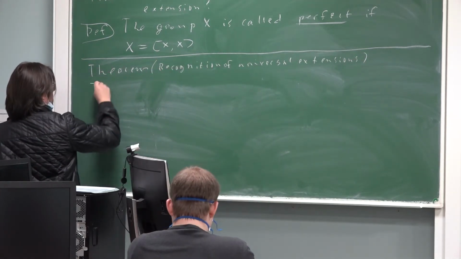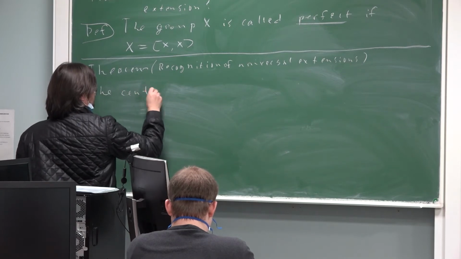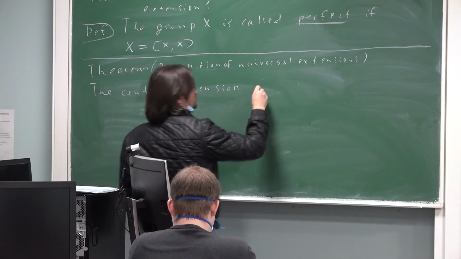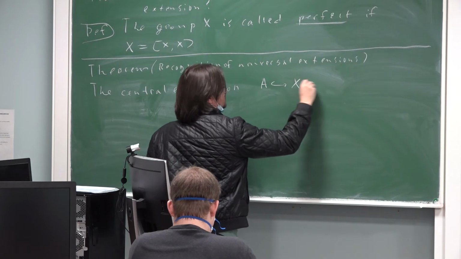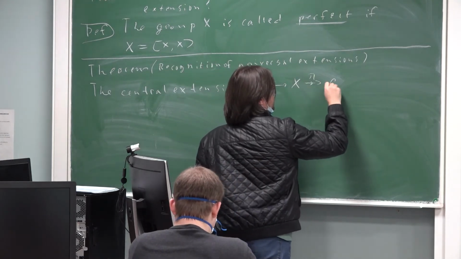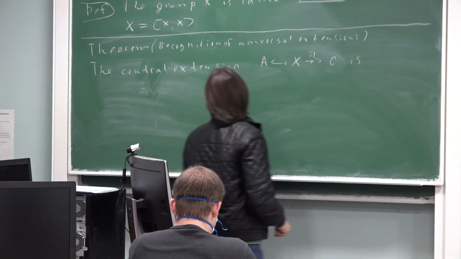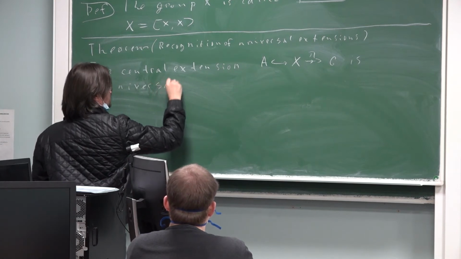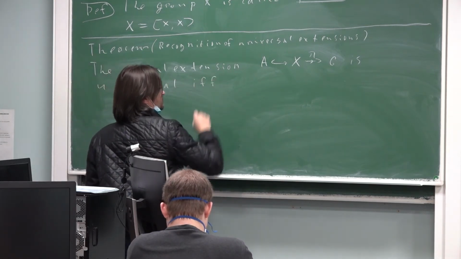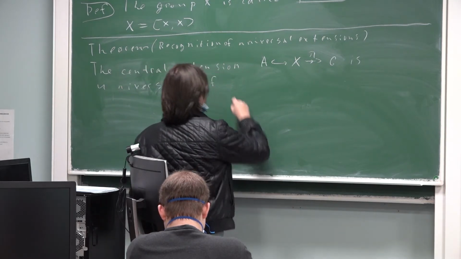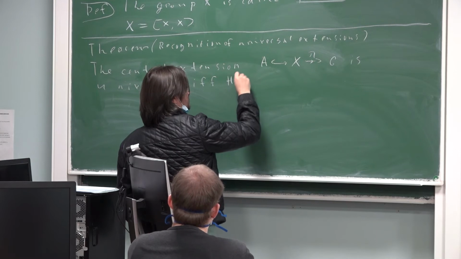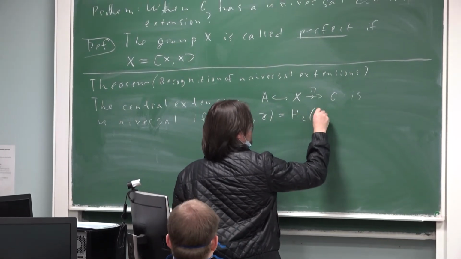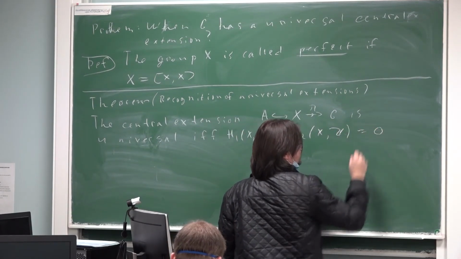The central extension A, X, G is universal if and only if H1 of X, Z is equal to H2 of X, Z is equal to 0.